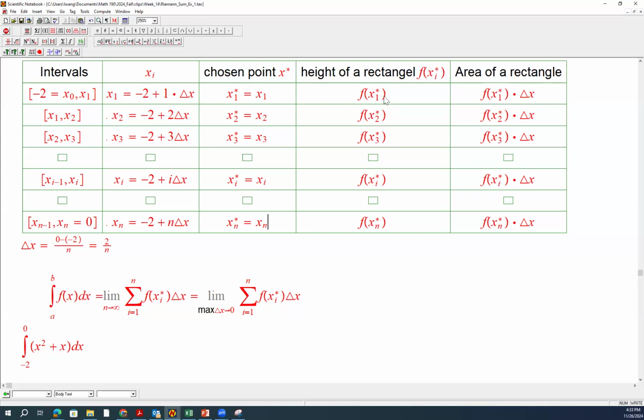Okay, so then the height of each slice is done and the area of each rectangle is approximated. Now you can remove the star. And if you want to choose your left endpoint, you can do it accordingly.